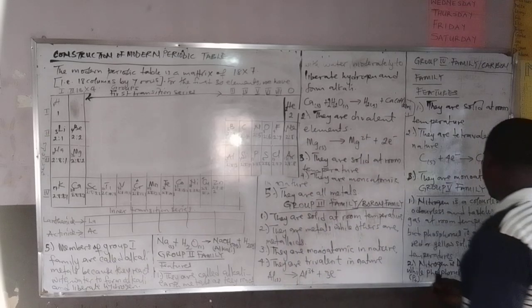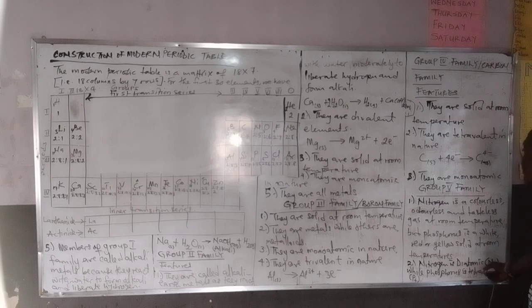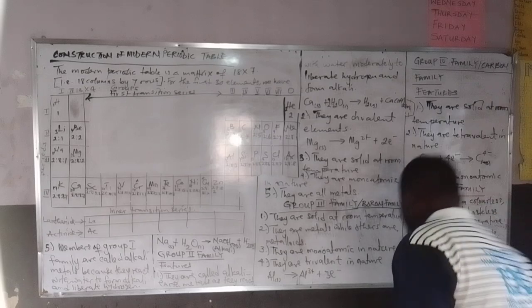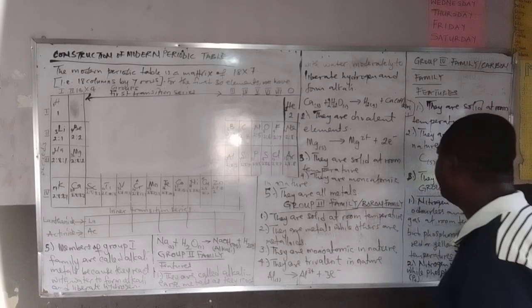So one molecule of nitrogen is usually written as N2. That means it is diatomic. While one molecule of phosphorus is written as P4. That is tetraatomic in nature. So that is what we are talking about there.